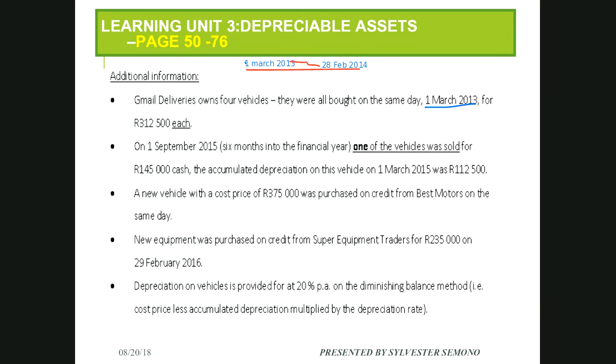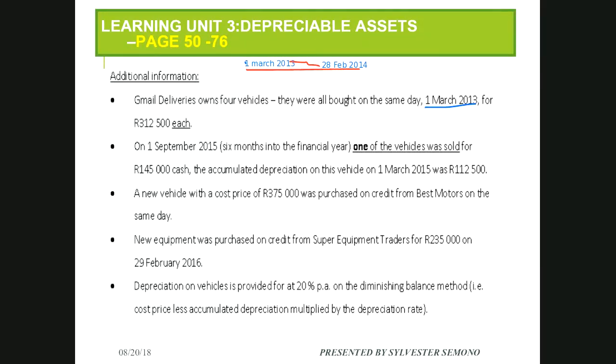It's 312,500. Remember, on the 1st of March it was still new, so there's nothing to minus. Which method are we using? Diminishing balance. With diminishing balance you need to minus accumulated depreciation, but in this case the asset was still new, so there is nothing to minus, or you can just minus 0.